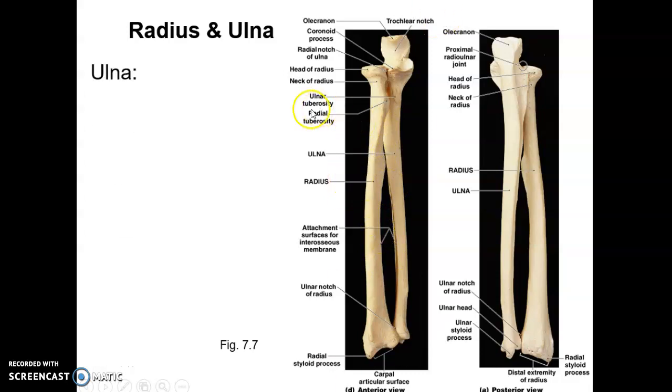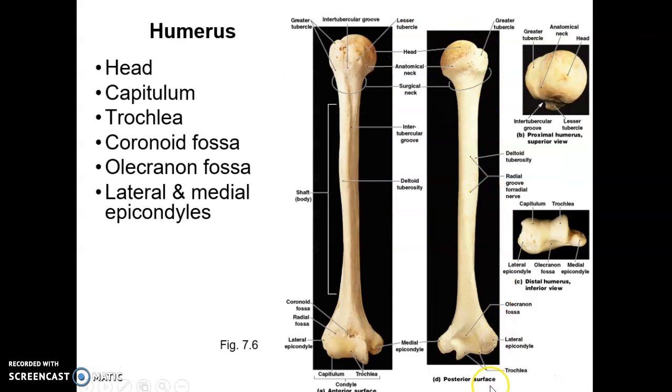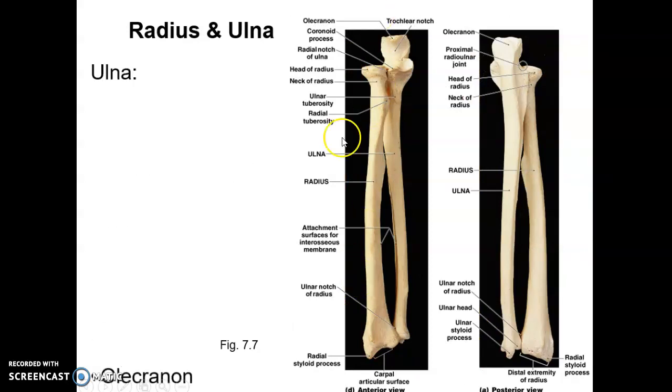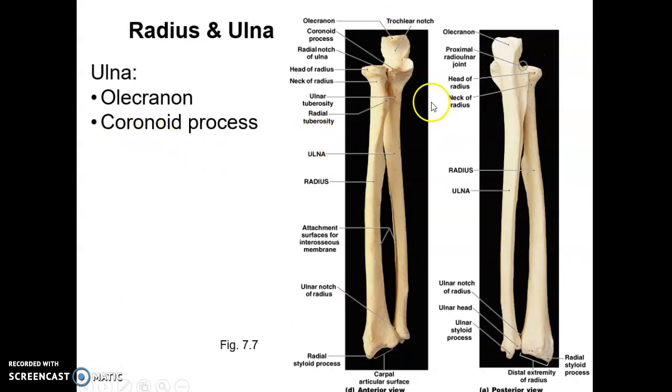Again, lots of structures. The only ones you need to know on the ulna, which is this one, is the olecranon, sometimes called the olecranon process. When your elbow is extended, that olecranon fits into the olecranon fossa. And on the other side, the coronoid fossa on the humerus accommodates the coronoid process on the ulna.